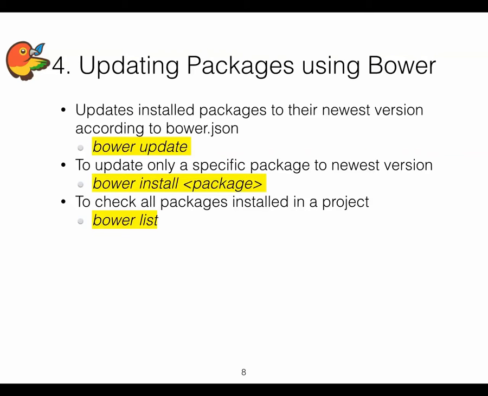So updating is easy. To update all packages at a time, bower update. For a specific package, install it again, bower install package. And there is another command available. Let's say you want to know what packages you are using in your application. You can do a bower list.